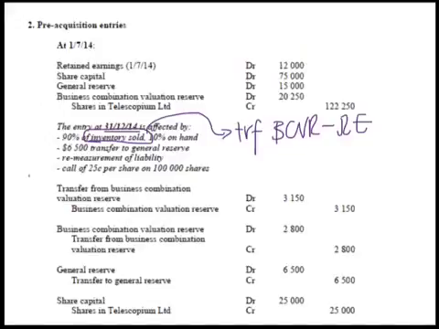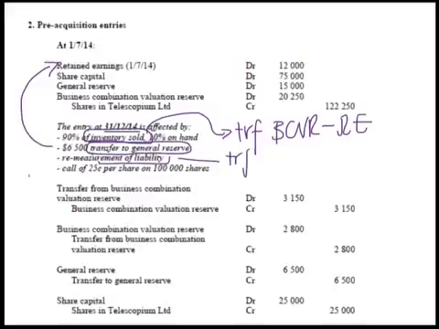Then any adjustments to and from other reserves originating from pre-acquisition equity, because that affects our retained earnings on acquisition. The remeasurement of the liability, which is basically a de-recognizing of a portion of the liability.